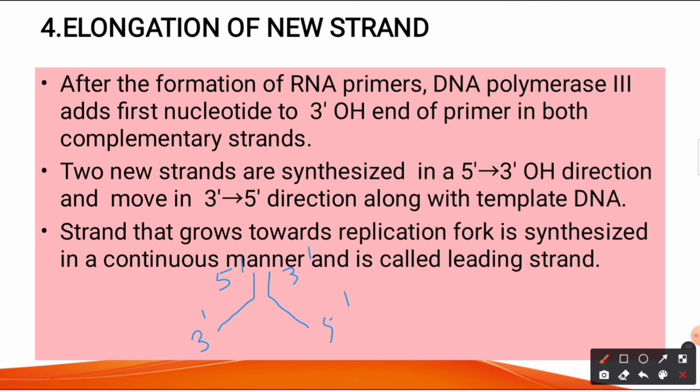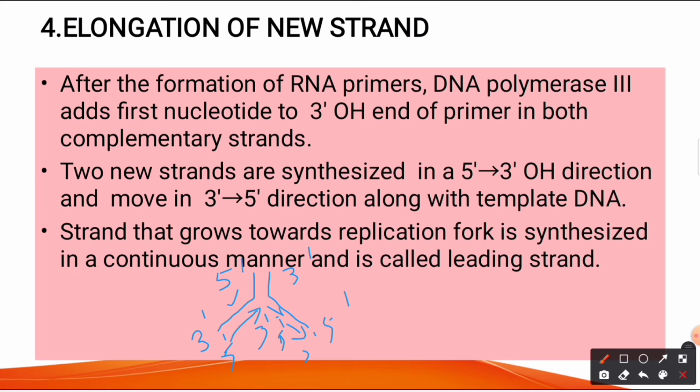Now, as far as this particular strand is concerned, always remember that new DNA is synthesized in a 5' to 3' direction. That means in this direction. Got it? Now, what about the other strand? Then this will move in this direction. So this will be 3' to 5'.